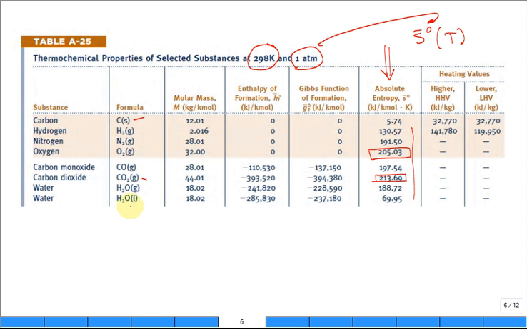So like you could have water in the liquid state. Notice how much lower the absolute entropy is than water in the vapor state, the gas state, at the same pressure and temperature. Right? Okay. So we have now this column explained to us. It's for our absolute entropy.